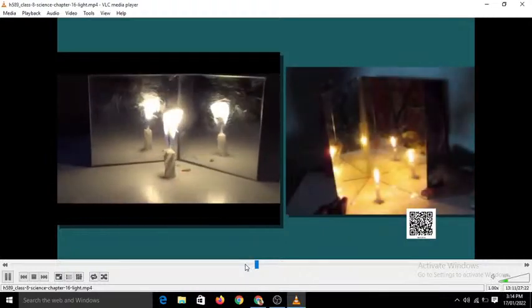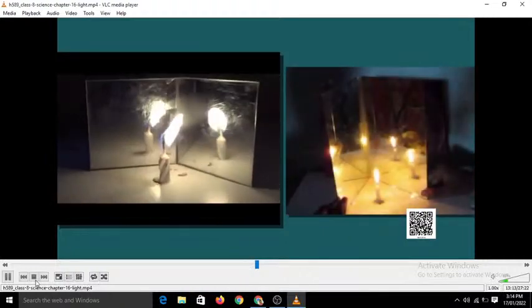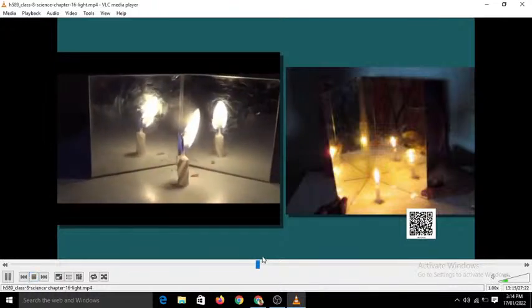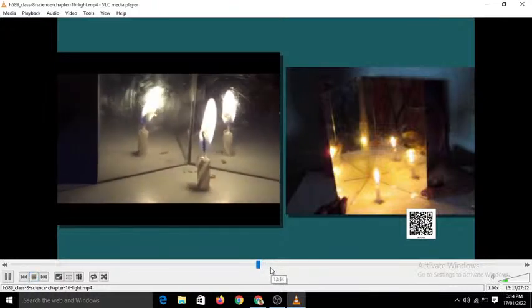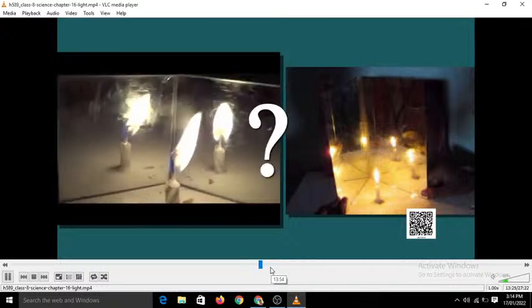We can see the image of the object in the mirrors. Now change the angle of the mirror. You can see that as we change the angle between the mirrors, the number of images formed in the mirror also changes. So, dear children, can you guess the reason for the formation of these images?